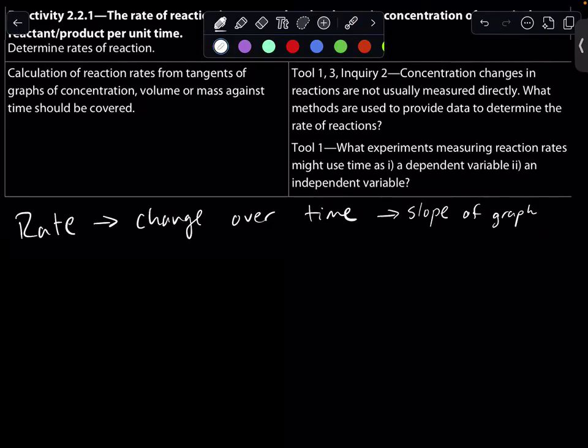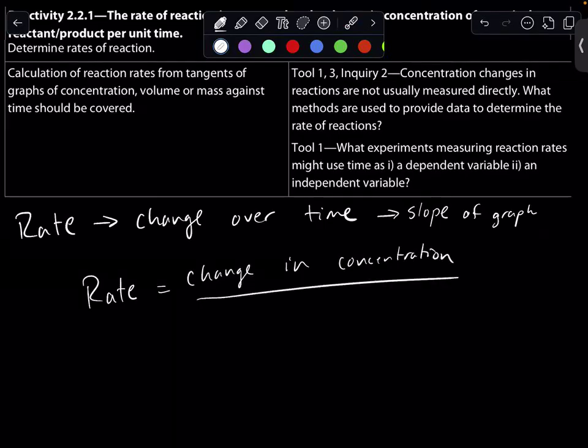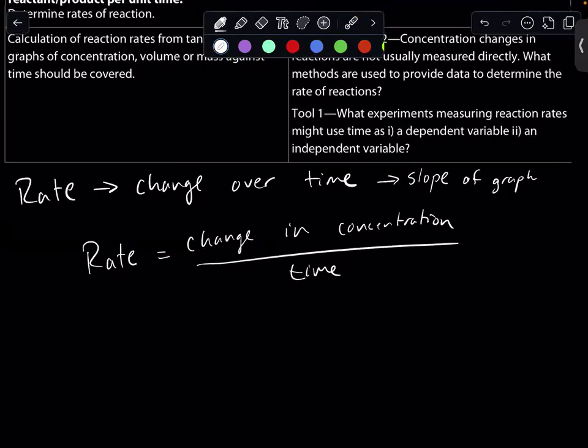But in reactions, what we're really looking at is specifically the change in concentration over our time frame. And we can measure time in seconds, minutes, whatever. Concentration is usually moles per decimeter cubed.